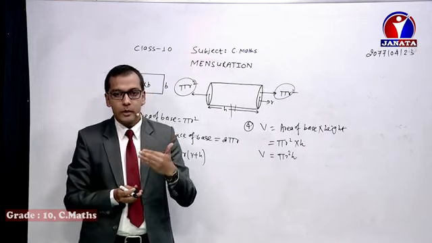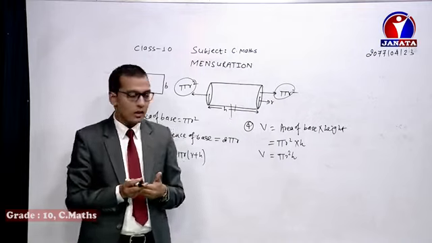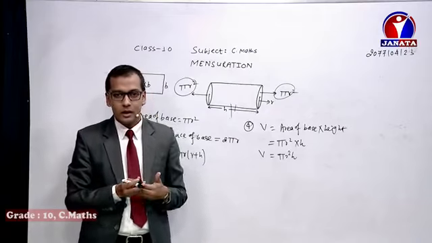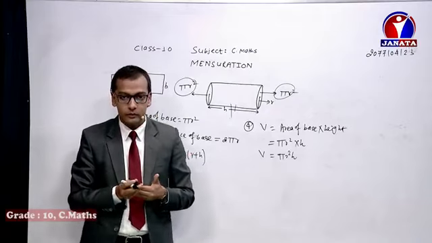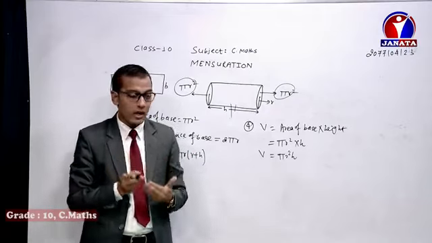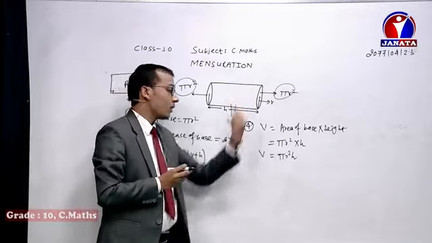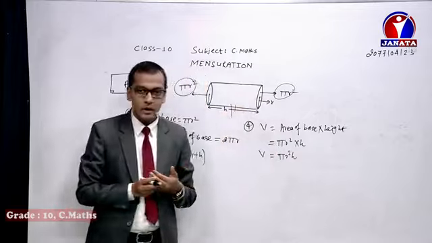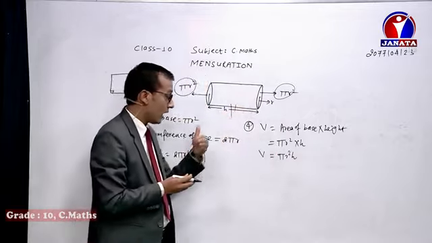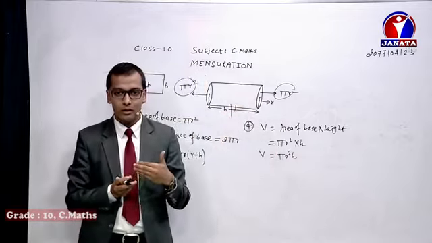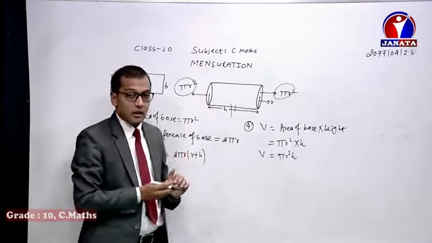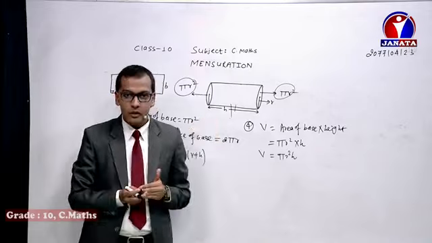What is the meaning of lateral surface? Lateral surface area is the area of the surface at the side. The surface at the side of the cylinder is the curved surface, which we derived as 2 pi r times h. Similarly, base area is the area of a circle, pi r square.